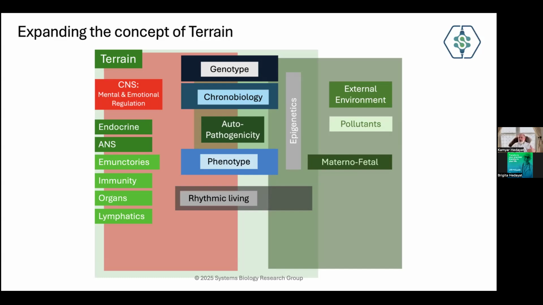These are all choices we make oftentimes in dysrhythmic living. Sometimes there are imposed choices because we have to work a night shift. We all have done that at some point as doctors. Then there's seasonality. There's the effects of cosmic rays.